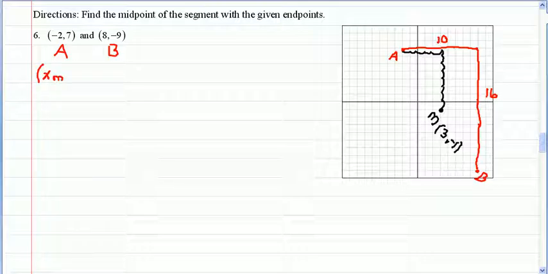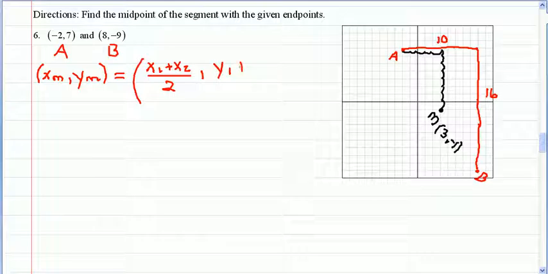It's in the beginning of the lesson. x sub m, y sub m represents the midpoint, and it's equal to x1 plus x2 over 2, and y1 plus y2 over 2. You're just adding the x's, dividing by 2, and then adding the y's and dividing by 2.